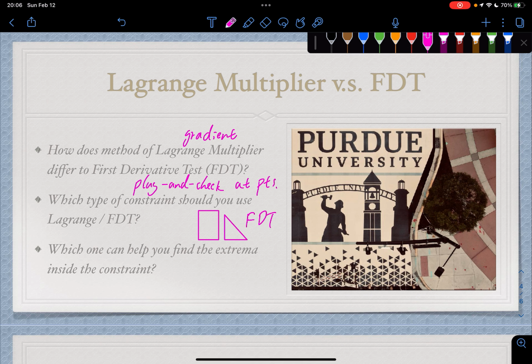But let's say I have a circular constraint. Would you still use the first derivative test? Well, technically you can. But when the constraint is circular or elliptical, or spherical in the case of 3 variables, this provides me an opportunity to apply Lagrange multiplier.